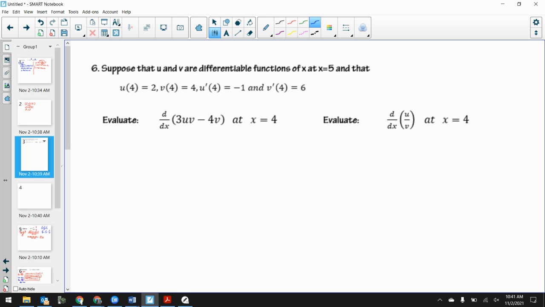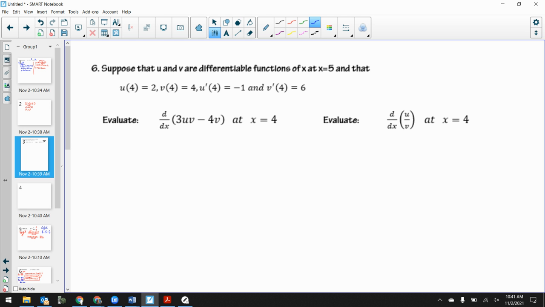I'm just saying that u and v are differentiable functions at x equals 5, such that u of 4 is 2, v of 4 is 4, u prime of 4 is -1, and v prime of 4 is 6. None of that means anything right now. I'm just giving you a description of u and v at certain places.